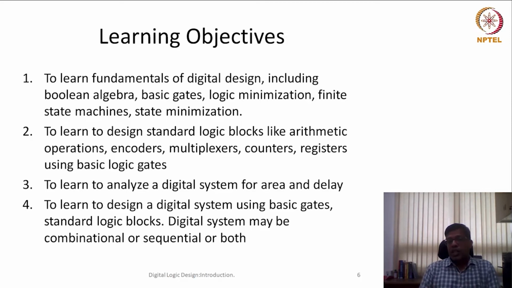Another thing I expect you to learn by the end of this course is that, given a digital system, you should be able to analyze its cost. Cost is usually represented in terms of area, because area is directly proportional to the cost of fabrication, and then the delay or latency, which is the time the system will take to complete a particular task.